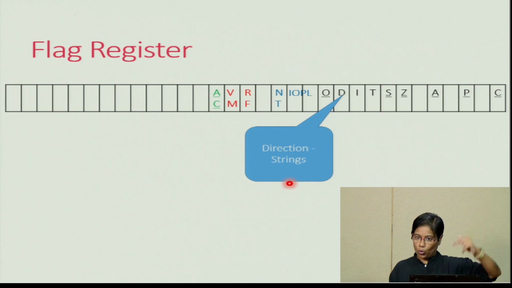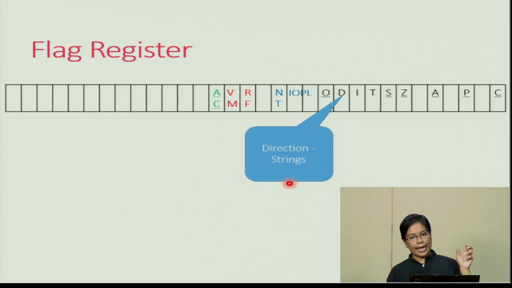You can go downwards or you can go upwards whenever we are talking about a string of data or array of data. The direction flag determines whether the string is going to be parsed downwards or upwards. When we come to string instructions, we will also see the effect of the direction flag.